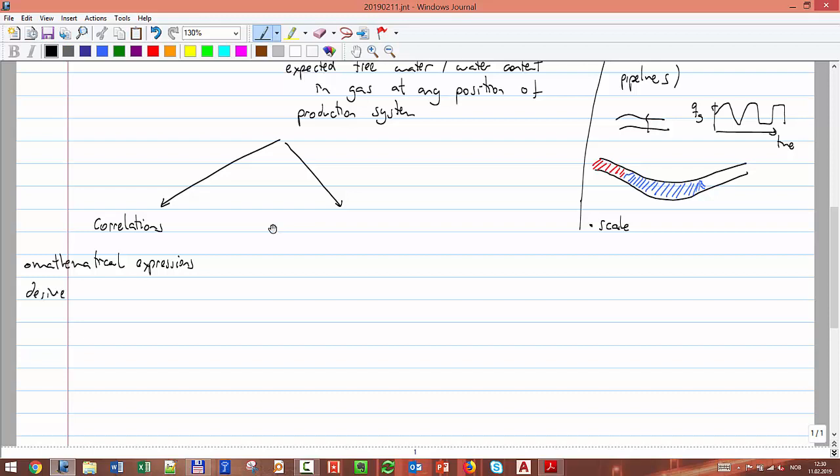derived from measurements in the lab, okay, or in the field. And these expressions are often not based in physics. Okay?